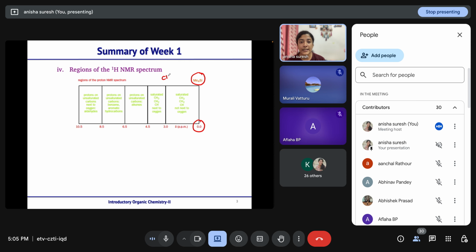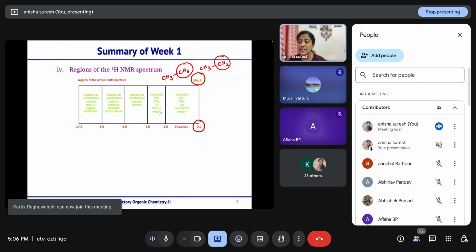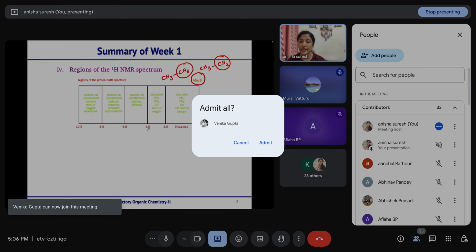Like if you are considering CH3 or CH3CH2, these protons all appear in this region of 0 to 3. And when we consider the region of 3 to 4.5 ppm, saturated CH3, CH2, CH etc. that are next to the oxygen atom, like ethers, appear in the region of 3 to 4.5.